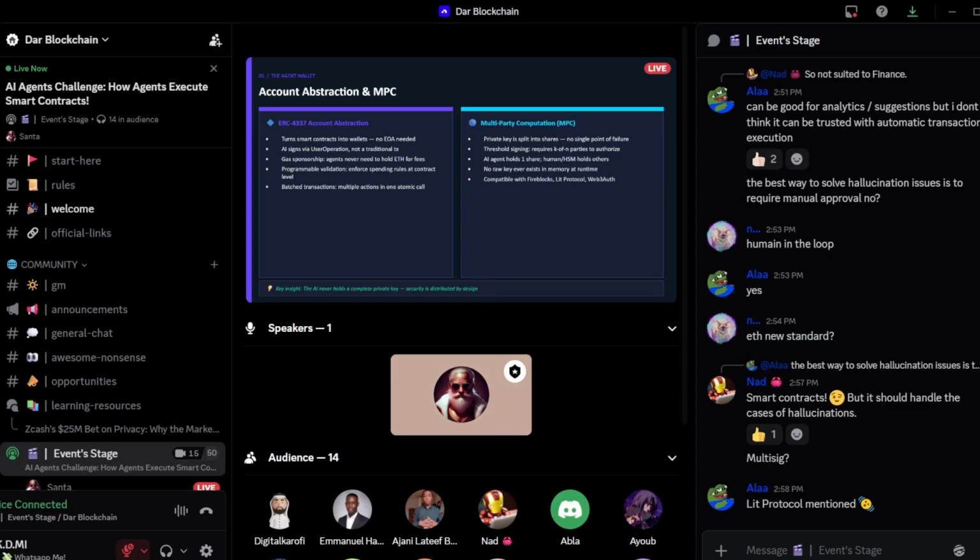We can define rules in this smart contract, aka the wallet of our agent. So I think like this, problem solved. ERC-4337 handles that. And the signing keys are distributed across multiple parties using MPC, so there is no single point of failure, or SPOF. So two independent security layers go in parallel.